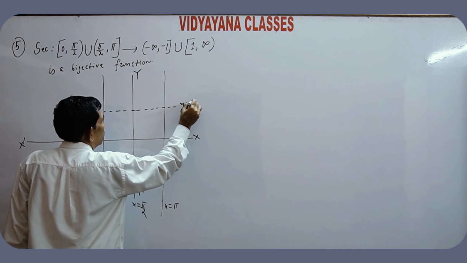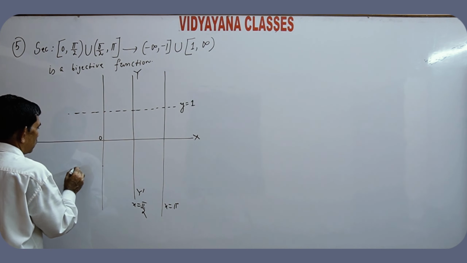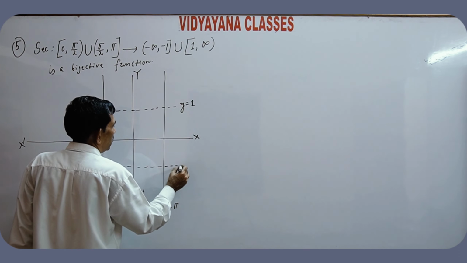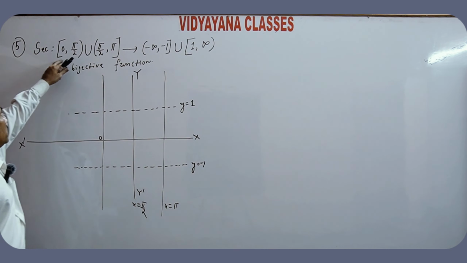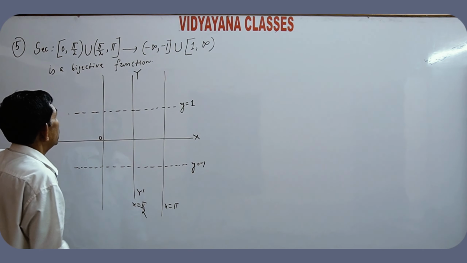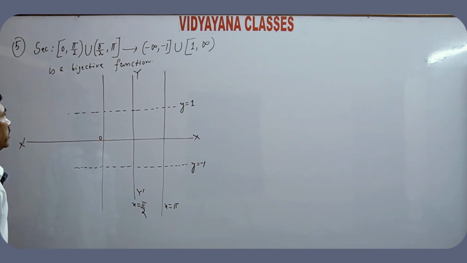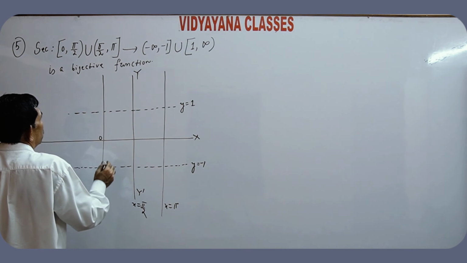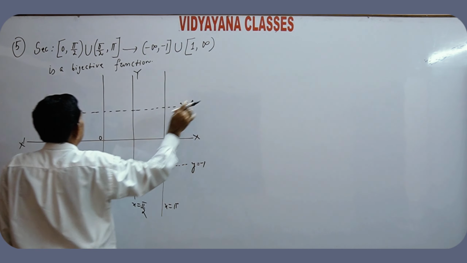This line is y equal to 1. This line is y equal to minus 1. When x varies from 0 to pi by 2, y varies, that means sec x varies from 1 to infinity. At x equal to 0, y is equal to 1.